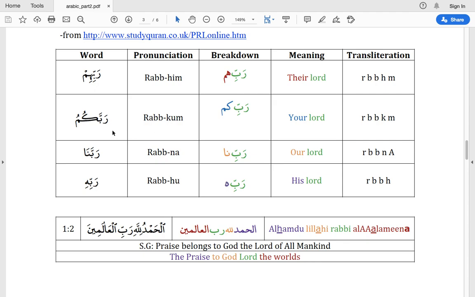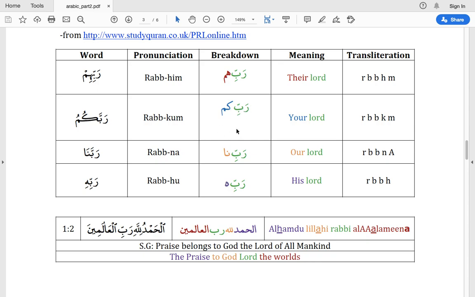Next one is Rabbukum: Ra, Ba, Ba, Kaf, Mim. The breakdown here is Rabb is separate and kum. Kum means your. The color coding helps you identify what these individual sets of characters mean. We're going to see that this kum, wherever it's used, doesn't have to be with Rabb, it could be with something else, and we'll get into that.